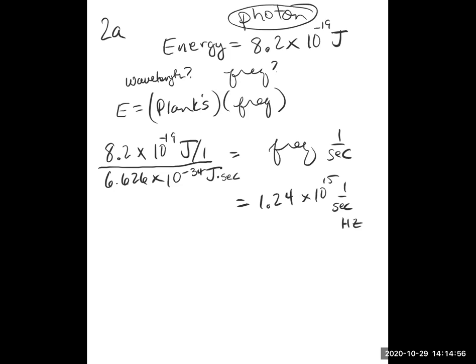And don't forget that if we take the speed of light and divide by either the frequency or the wavelength, we're going to get the other. And see how you do.